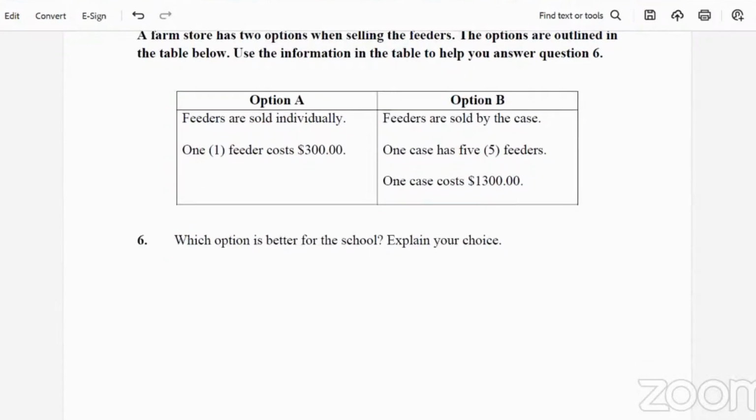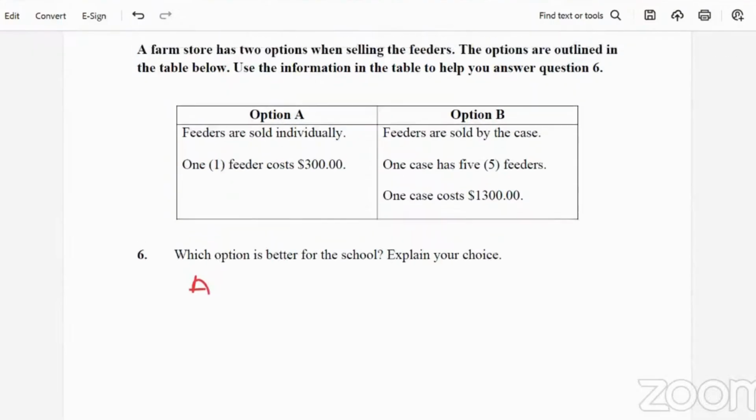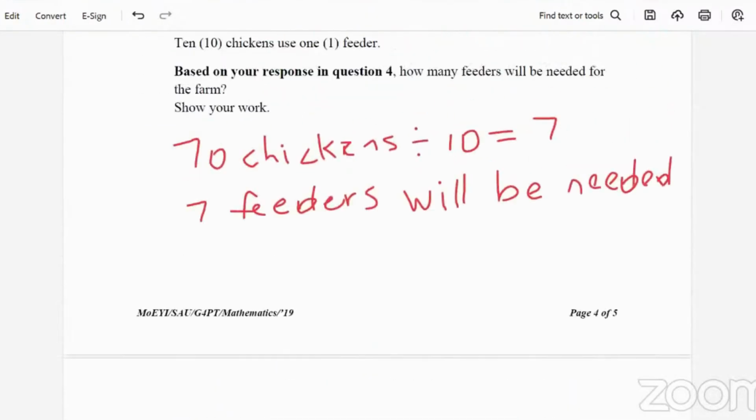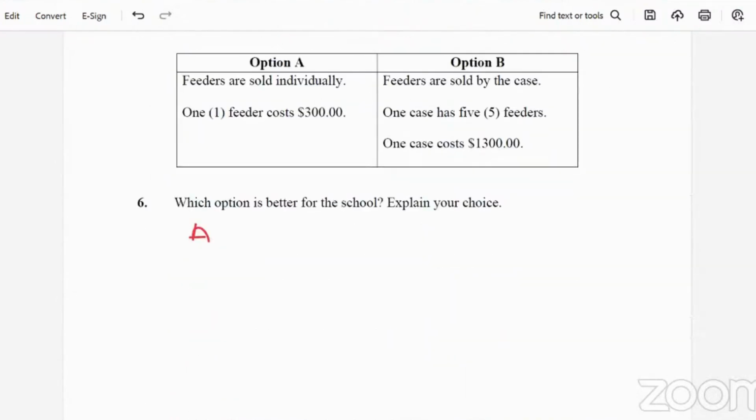All right, so let's look at the 2 options now. We have to do some calculations first to determine which option is better, and then we're going to be explaining our choice, okay? So option A, how many feeders do we need? We need 7 feeders, from the information up here: 70 chickens, and with 10 each using a feeder, so we need 7 feeders, based on our answer in question 5.